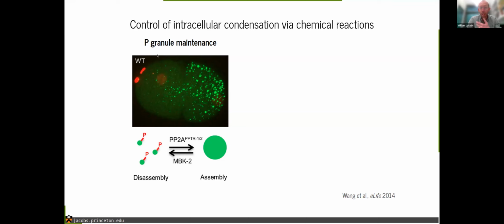This example here from these condensates known as P granules involves both a phosphatase and a kinase that can phosphorylate a particular protein that modulates its ability to form these droplets.